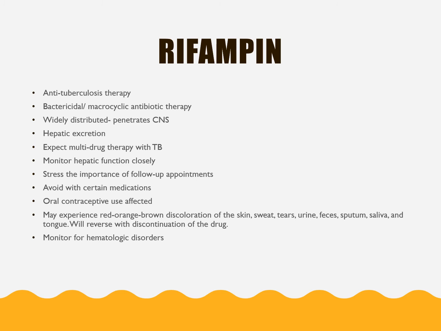For oral contraceptives, rifampin is known to make them not effective at all. And so really they should be doing something else. And it wouldn't just be for the monthly cycle, right? They're probably going to be on this for a year or two. And so they should be looking at other forms of birth control if possible.